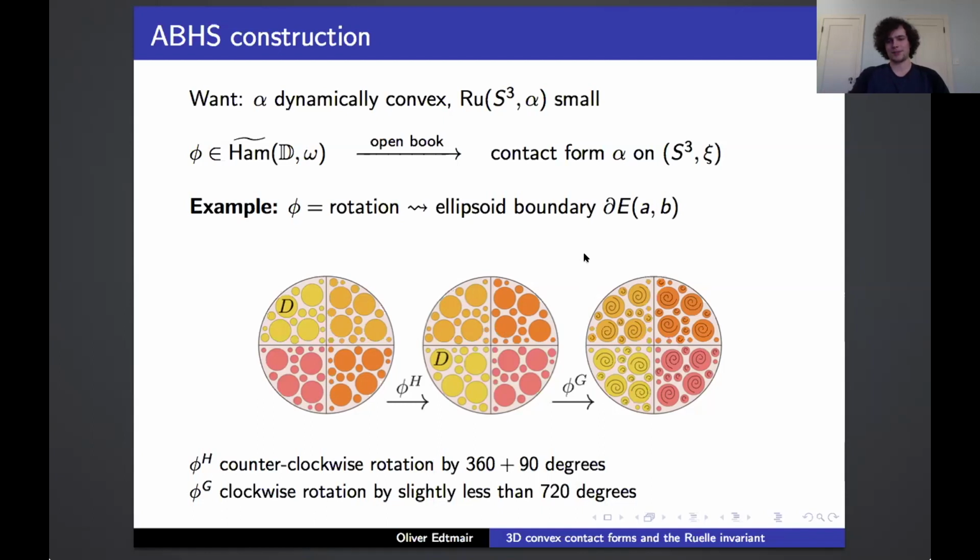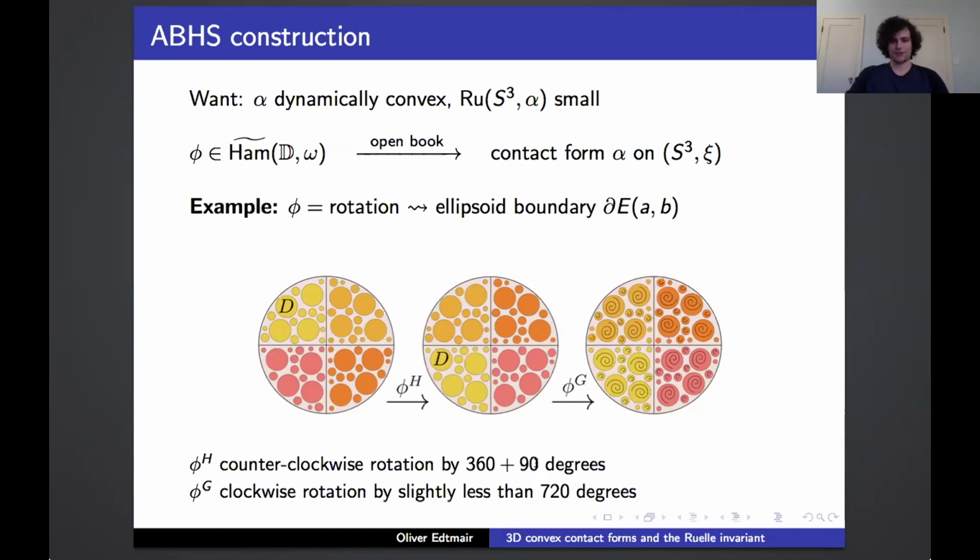But there's a limit to that because we will have periodic orbits at the centers of the small disks. And if we rotate too much clockwise, then we get too small a Conley-Zehnder index. And it turns out that the maximum I can do is slightly less than 2 clockwise rotations. After that, I destroy dynamical convexity.